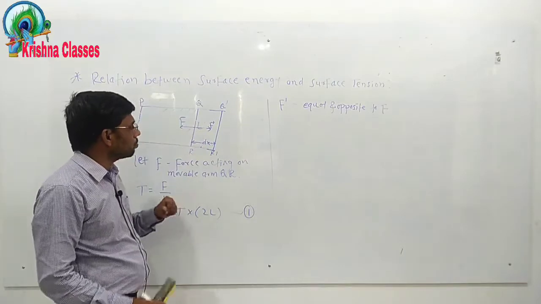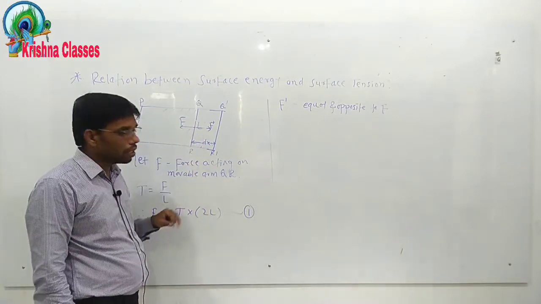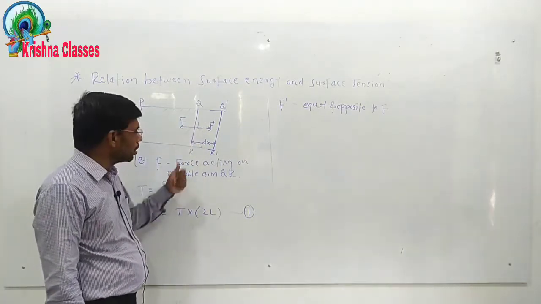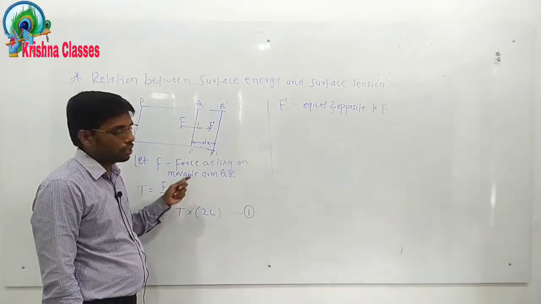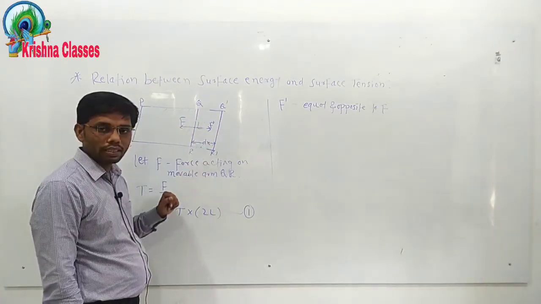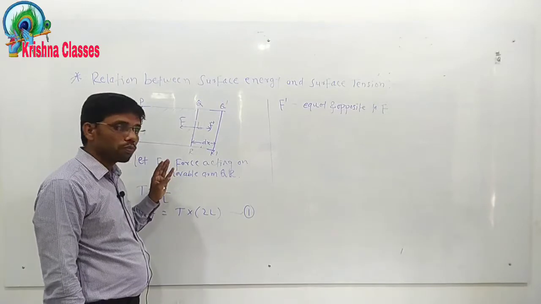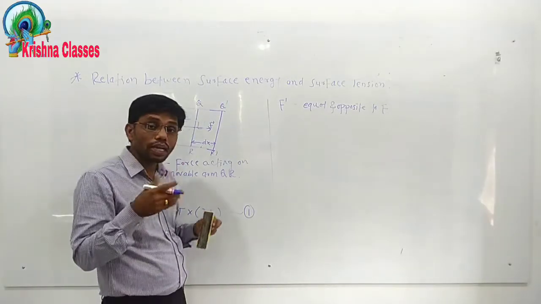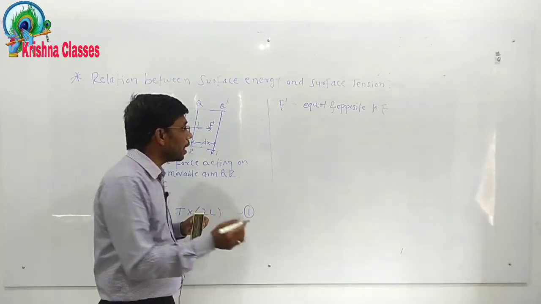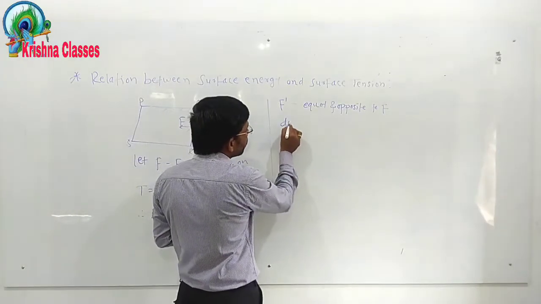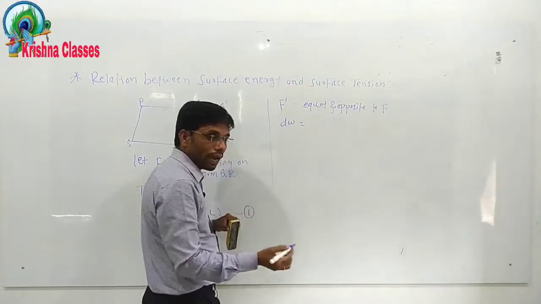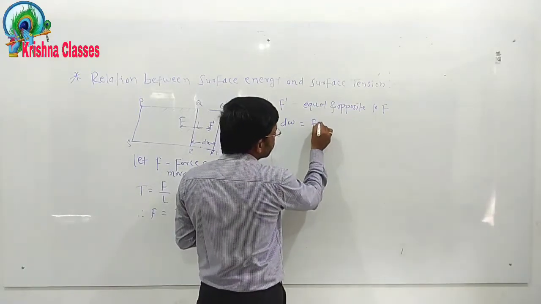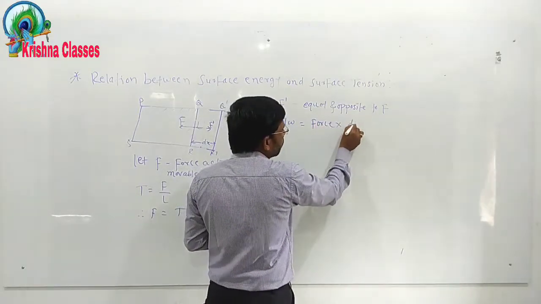So what happened now? Because of this force F dash, the movable arm QR moved to Q dash R dash. As this arm moved, some work has to be done. Suppose some work dW has to be done. So how can we find the work done? We know that work done is equal to force into displacement.